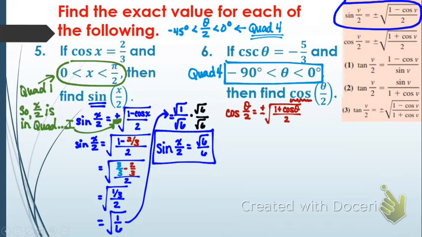Do I have a value for cosine theta? Not yet. Do I want positive or negative on this? Positive. Why? Because cosine in quadrant 4 is positive.